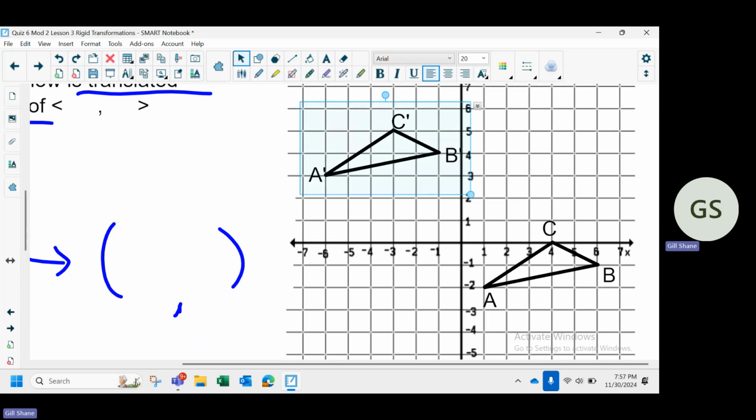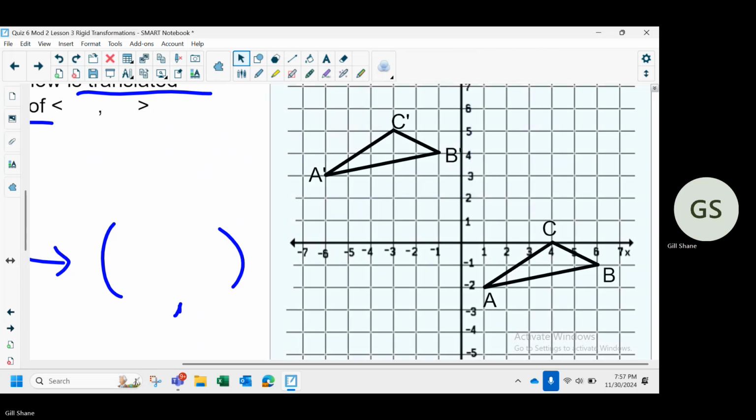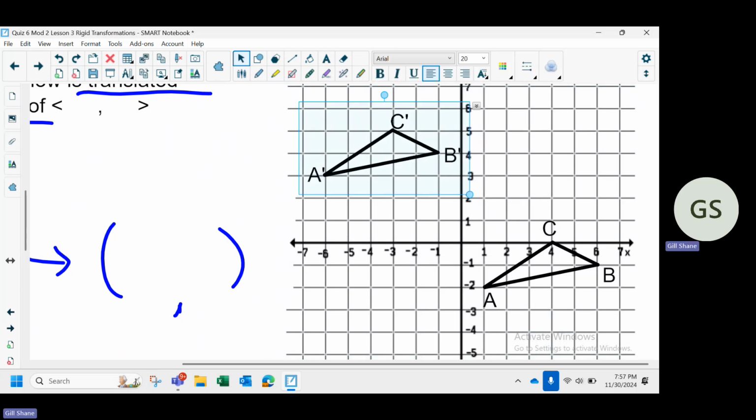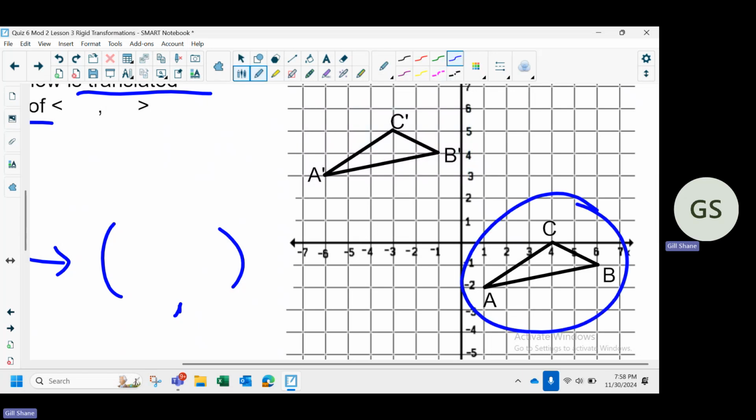You have to understand which image is the original, which direction did we go? So here's where those prime marks come in. We went from the one without the prime marks to the one with the prime marks.